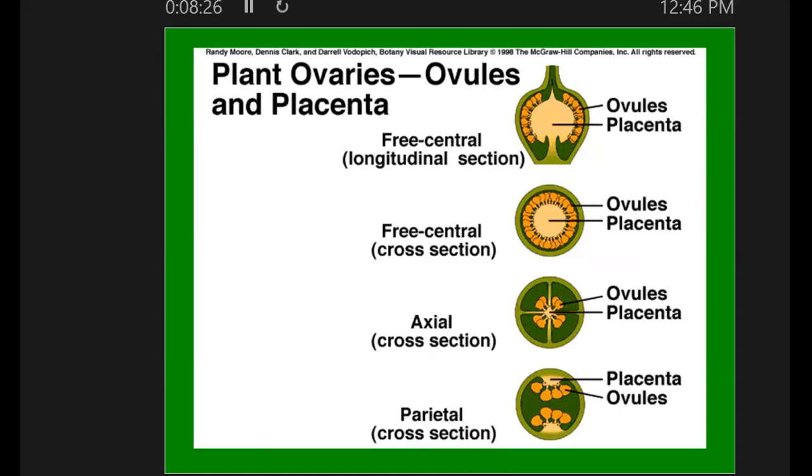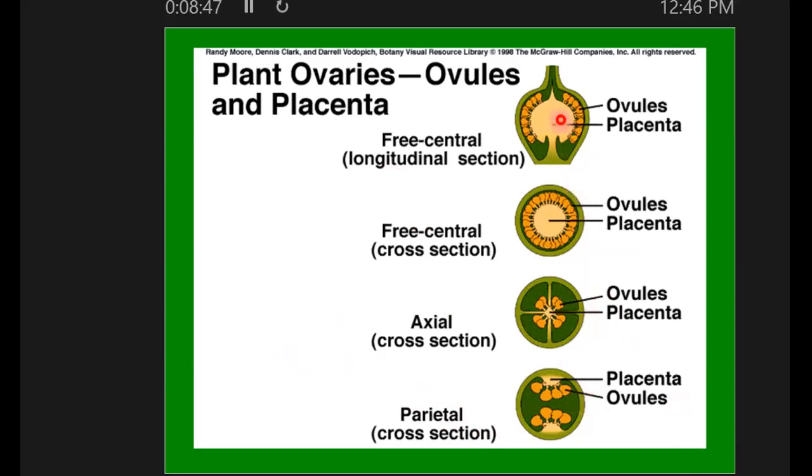And so here you're just seeing some options, and it depends on the plant species how many ovules they have and how they place them inside the ovary. So they look at that when they are studying a brand new plant and trying to figure it out. That's something they use to classify.